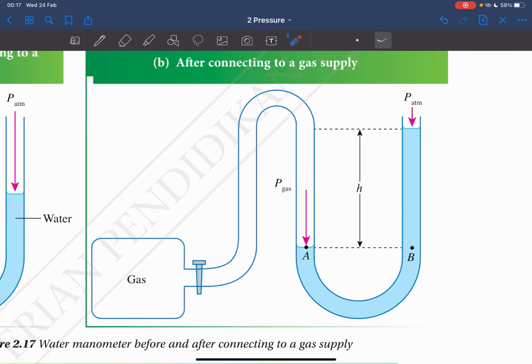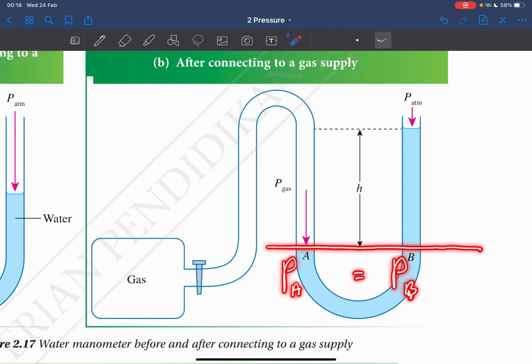Let's see in this term, between the gas here from this height and this height, the gas fights with water. Who wins? The gas. Why? Because you can see that this has the same level, which means pressure at A equals pressure at B.